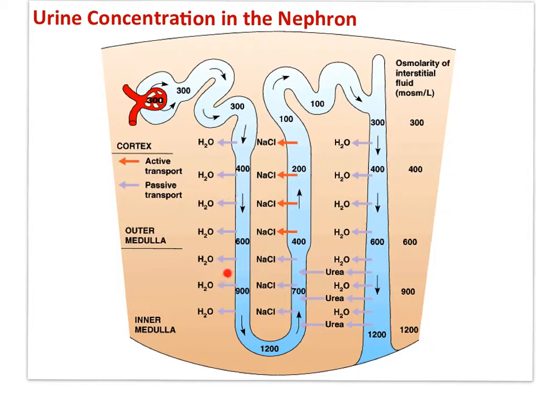The longer the loop of Henle, the more water conserved. A long loop of Henle would conserve more water as the stronger gradient would draw more water from the collecting duct passing through the medulla. In contrast, the shorter the loop of Henle, the less water conserved.